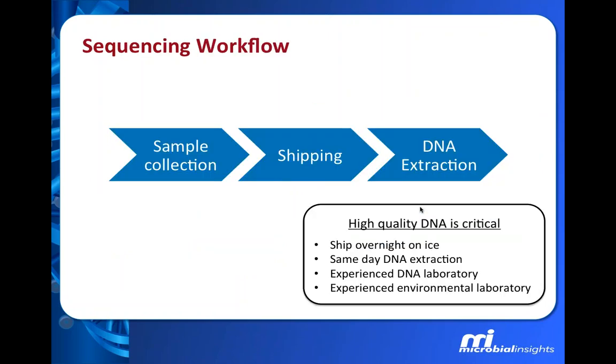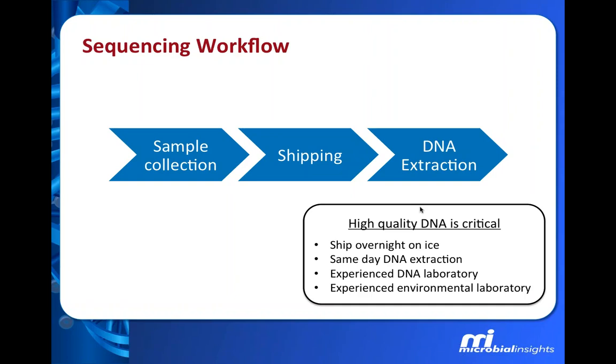Before I dive into this a little bit more, let's talk about the workflow, because this is really important for us to make sure that we understand. When we're talking about sequencing and doing the depth of sequencing that we want to do with NGS, we need to make sure that we're gaining quality data.